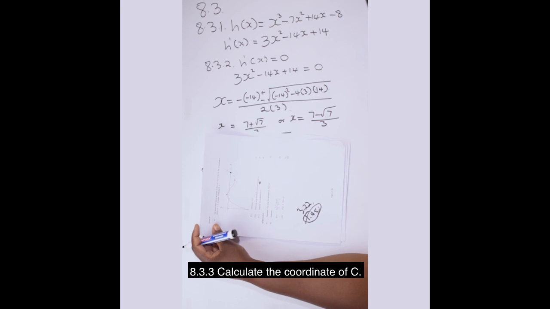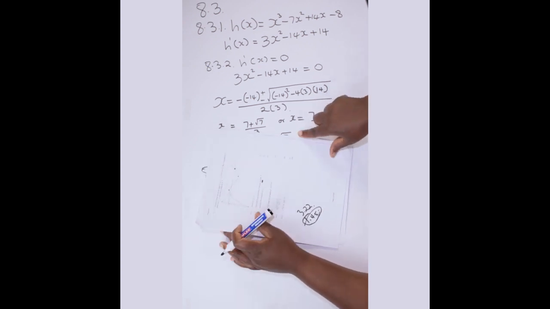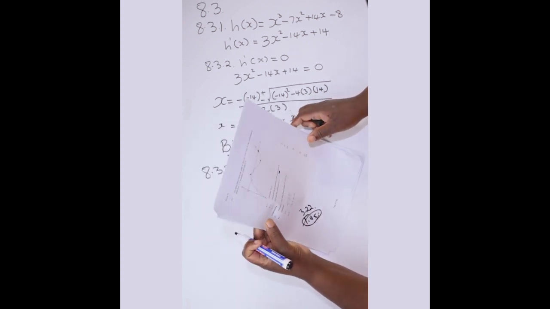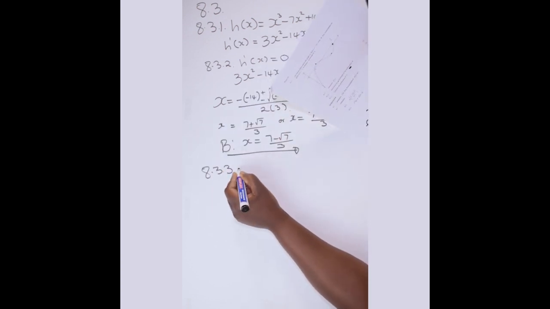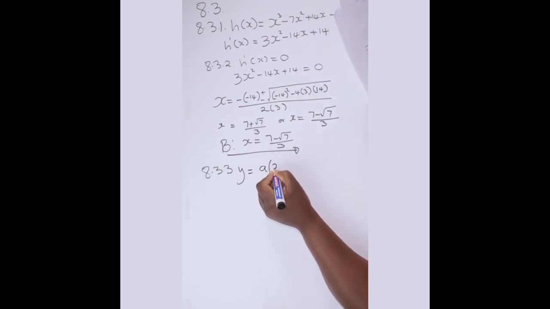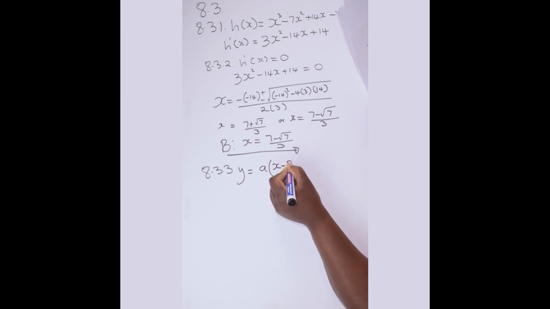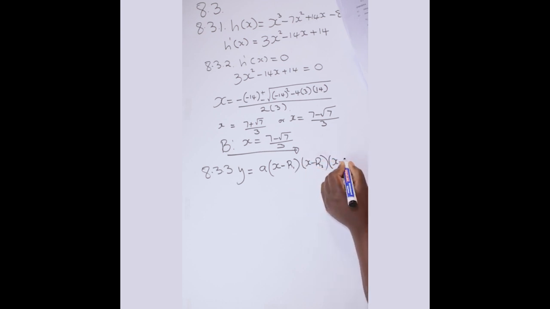Already here, you are given one x-intercept. There are many ways of doing this. You can go back and do the long division, do the inspection, or the synthetic method, or you can go straight and say the equation was supposed to be y equals a times (x minus the first root), (x minus the second root), and (x minus the third root).